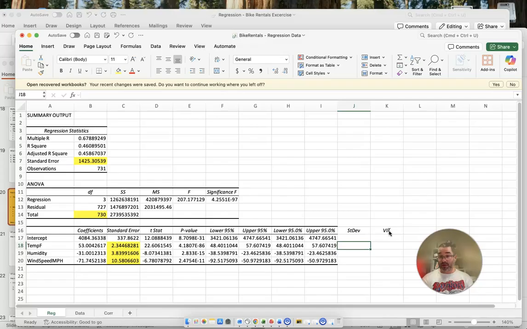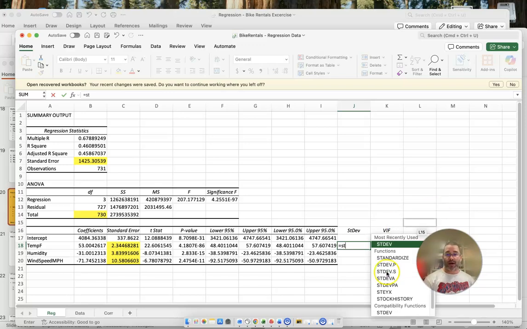Excel does have a built-in formula for standard deviation. And so there's many different ways you could do this. I like to use standard deviation of the sample, so stdev.s. And this will be my standard deviation for temperature. So I'm going to click on that. There we go.